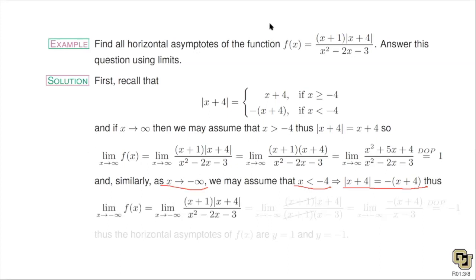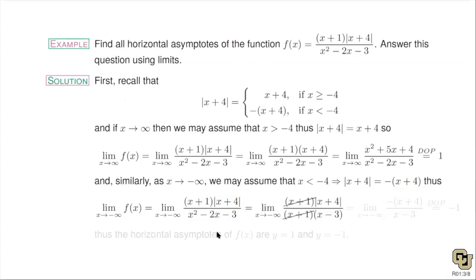So in this part, I'm going to do the other technique. I'm going to replace the absolute value. And then instead of FOILing it out, which I could have done, I'm going to factor the denominator and cancel and then do dominance of powers. Just to show you a different technique.